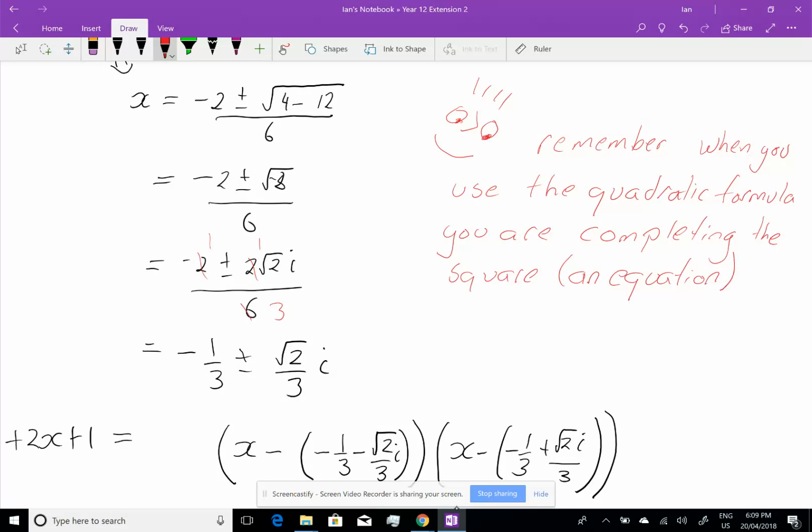When you complete the square, the first step is to divide by the coefficient of x squared.